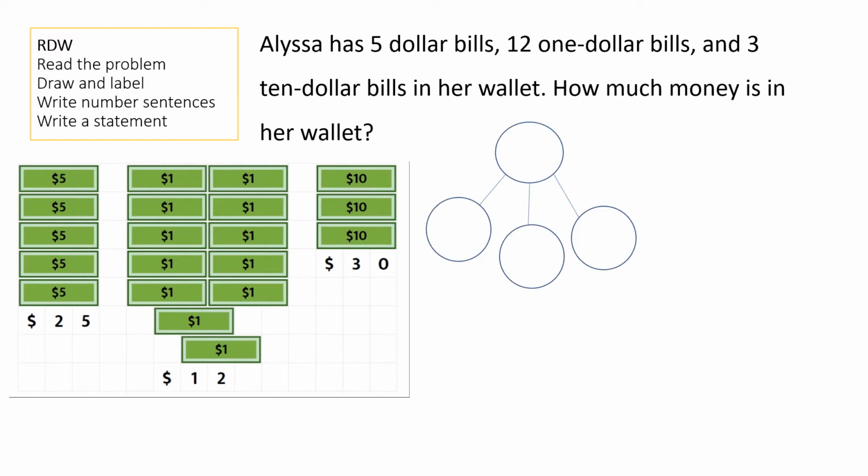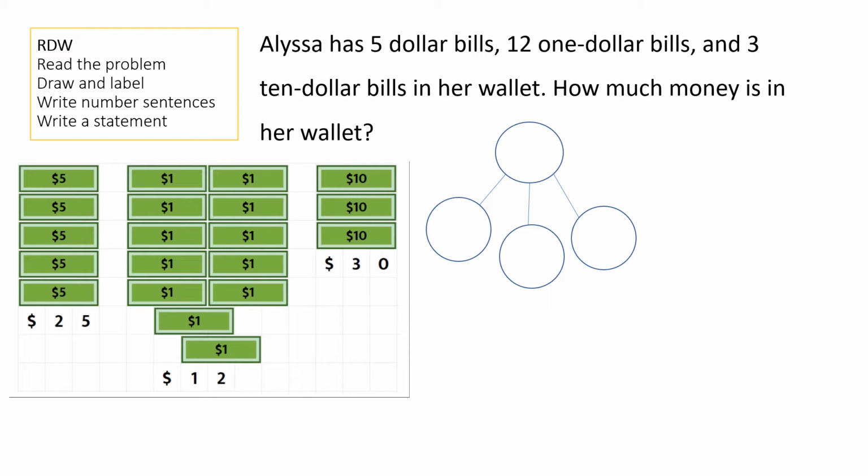So a number sentence I could write would be 25 plus 12 plus 30 would give us our total for how much Alyssa has in her wallet.